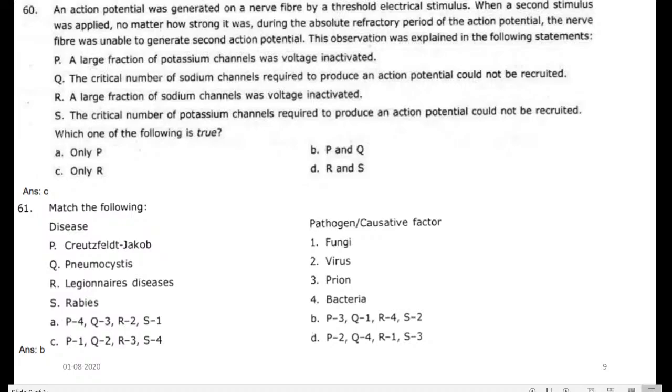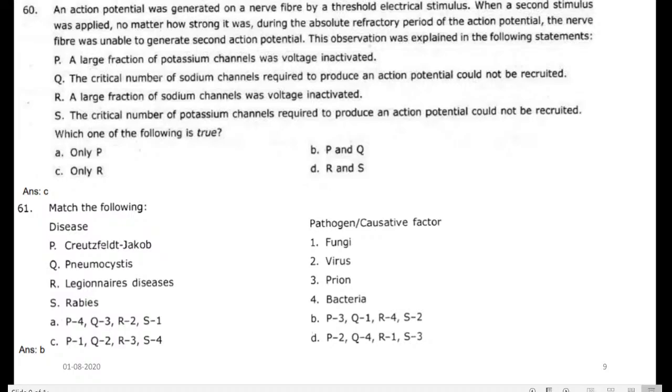The statement provided: an action potential was generated on a nerve fiber by a threshold electric stimulus, and a second stimulus was applied, no matter how strong it was. During the absolute refractory period of the action potential, the nerve fiber was unable to generate a second action potential. Why is it unable to generate a second action potential?